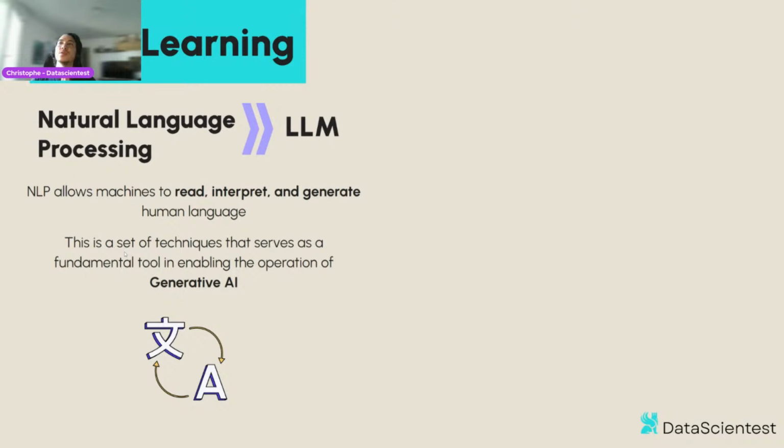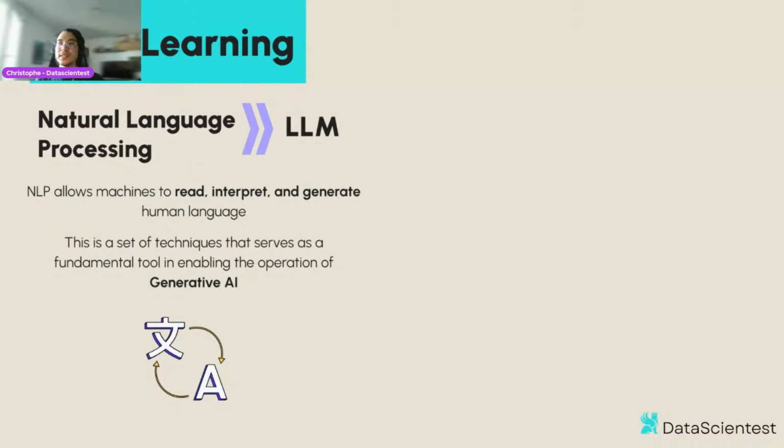For deep learning, two examples, because this is a broad field, but today I just want to go over two techniques. The first one is natural language processing, which is called NLP for short. Basically, it allows a machine to read, to understand, and to generate human language.